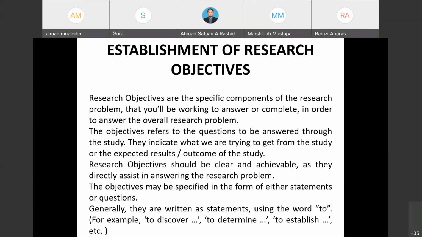Research objectives are the specific components of the research problem that you will be working to answer or complete in order to answer the overall research problem.